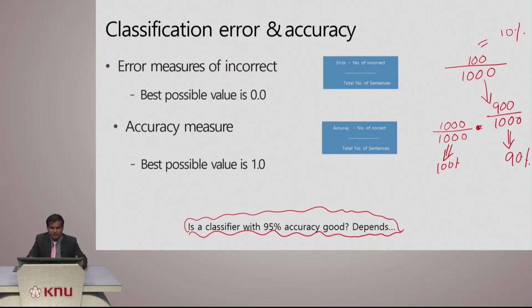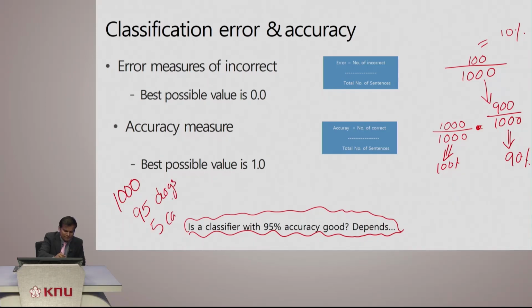Just for example, consider you have a set of data which has dogs and cats, and say for example you have 1000 pets, among which you have 950 dogs and 50 cats. So this is your data.